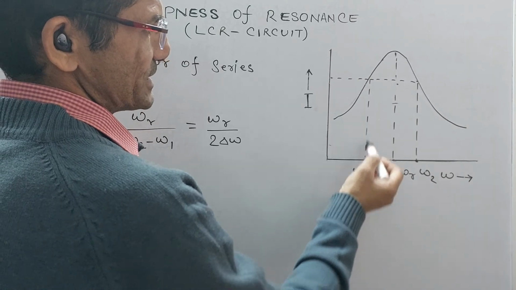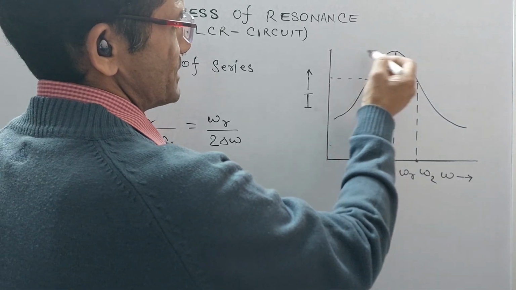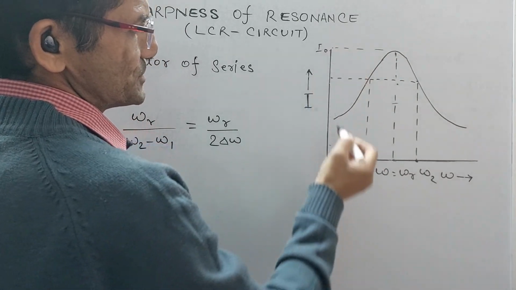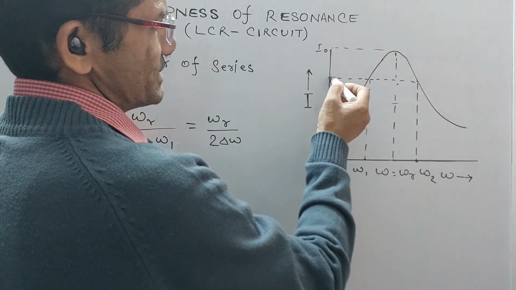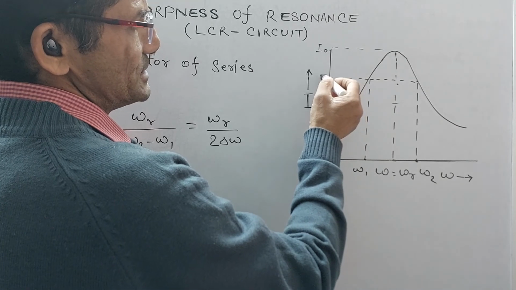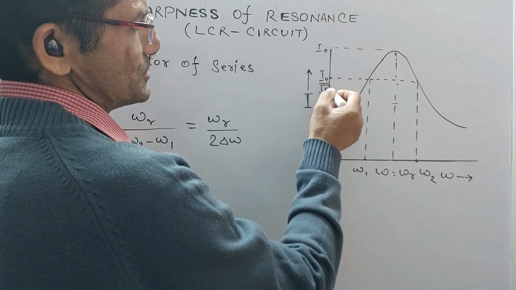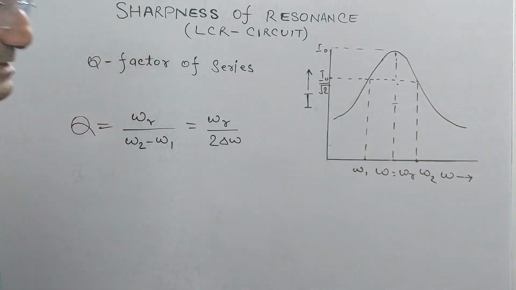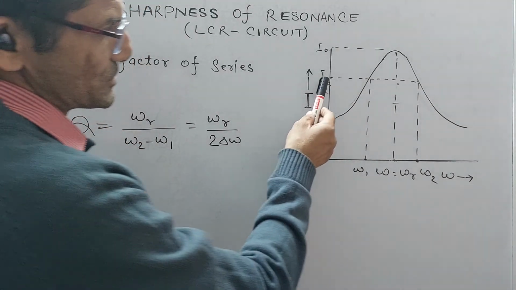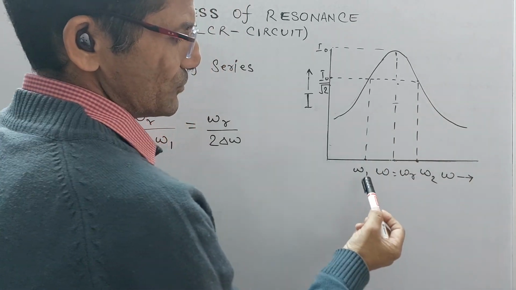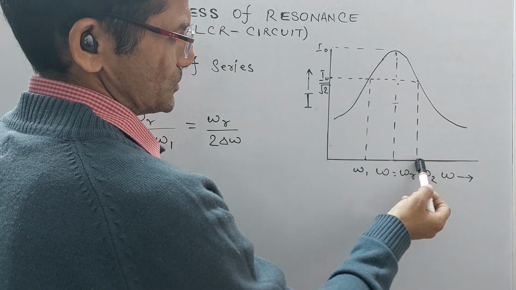If this is the maximum amplitude at the resonant frequency, and the current amplitude at a point is just maximum amplitude divided by root 2, the corresponding frequencies on the frequency axis would be omega 1 and omega 2.